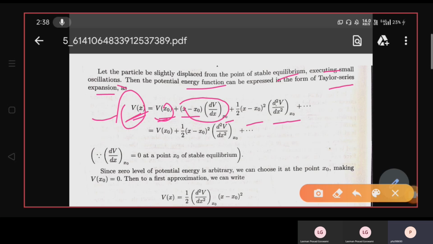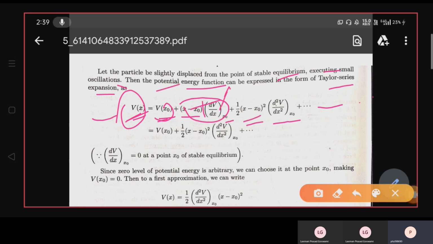Now at the minimum of the potential, dV/dx at x0 will be 0. So that term vanishes. And the higher terms, like (x minus x0) whole cube d3V/dx3, are negligible if the oscillations are very small.